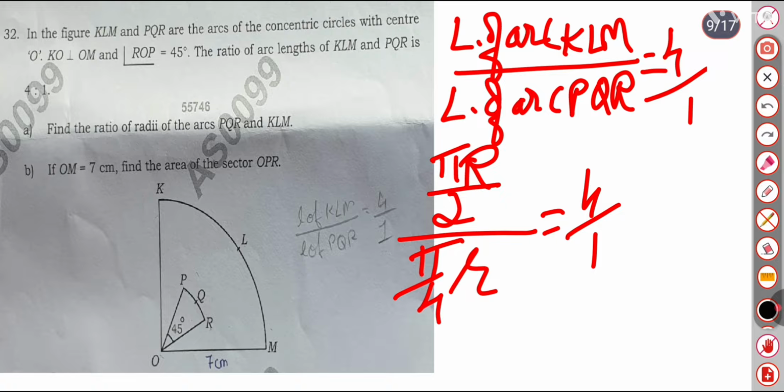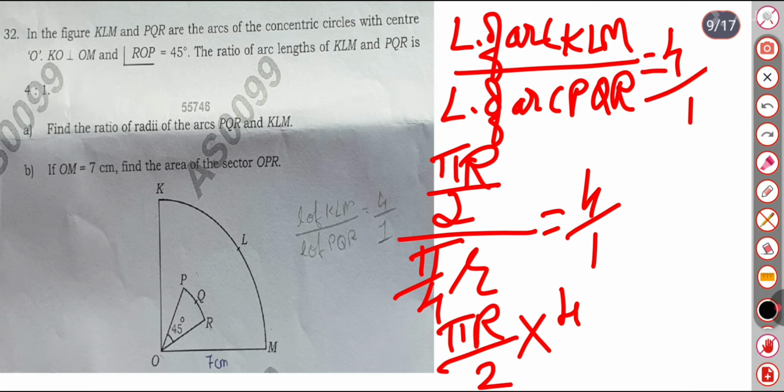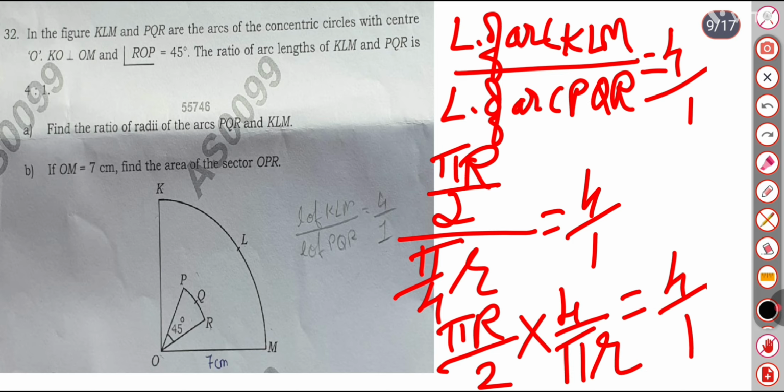Pi R by 2, capital R by capital R by 2 into, if you write it reciprocal, 4 by pi small r is equal to 4 by 1.